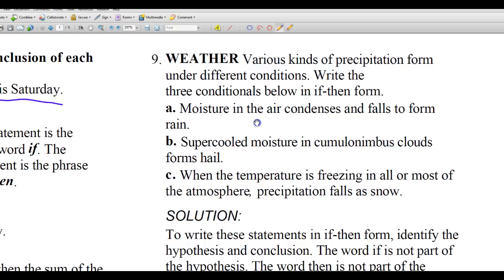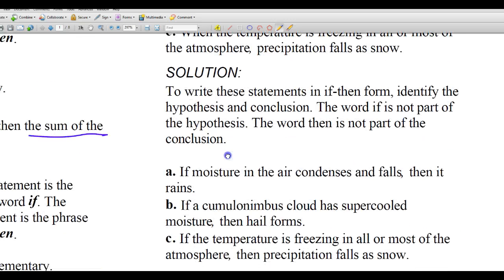The next one, supercooled moisture in cumulonimbus clouds forms hail. So if a cumulonimbus cloud has supercooled moisture, then hail forms.